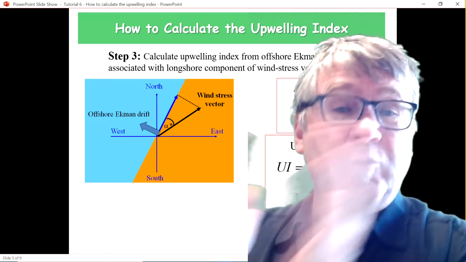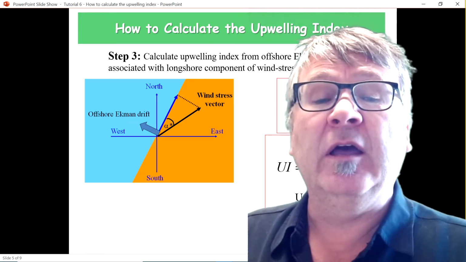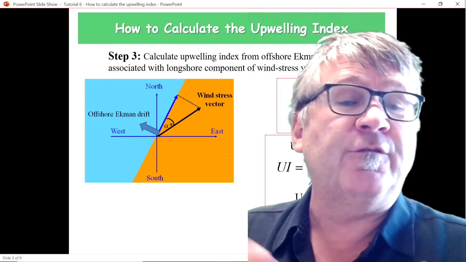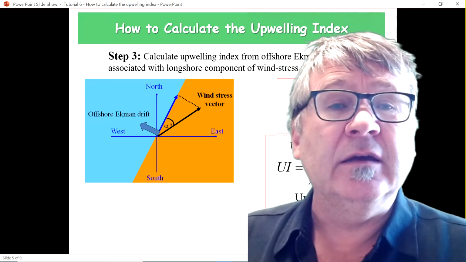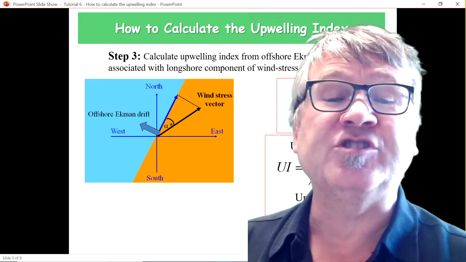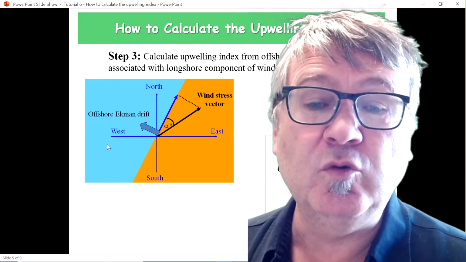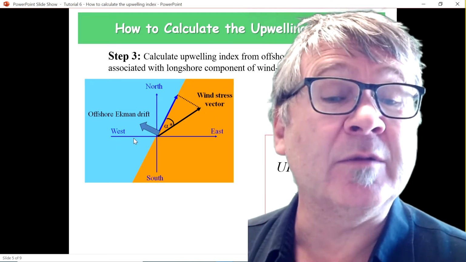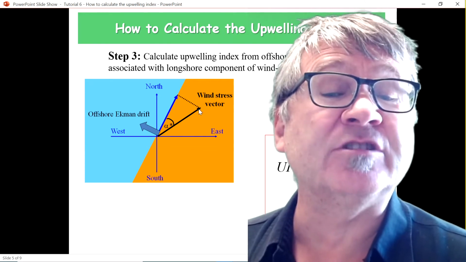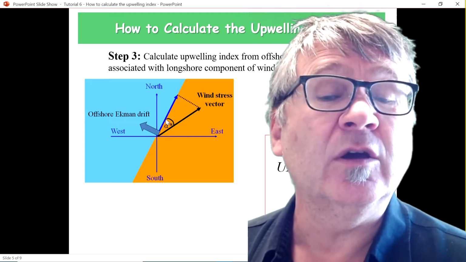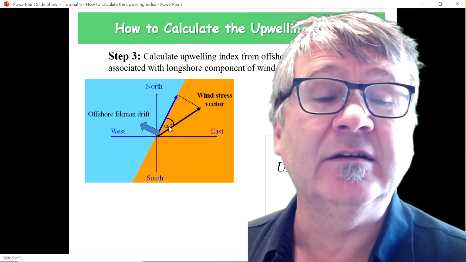So now what we have in this example is a certain coastline orientation, and we can work out from the wind stress vector the wind stress vector projected onto the coastline. From this blue arrow, the wind stress vector, we can work out the projection onto the coastline using the relative angle alpha star.